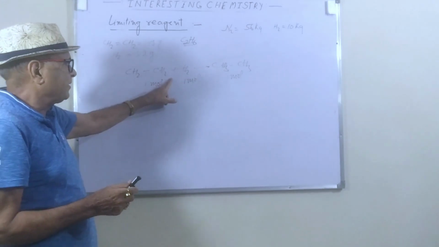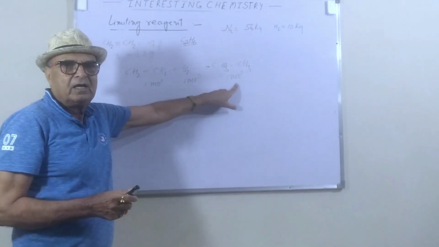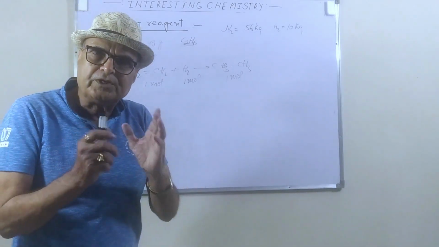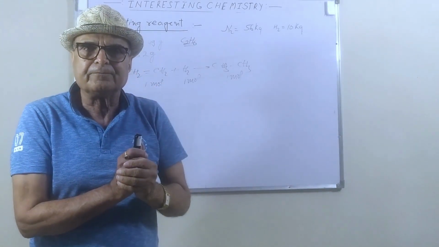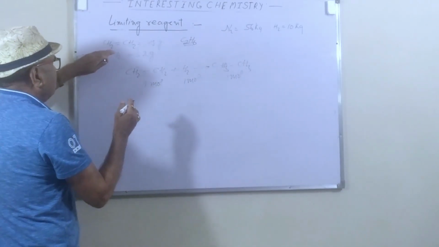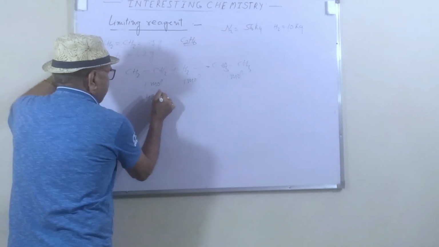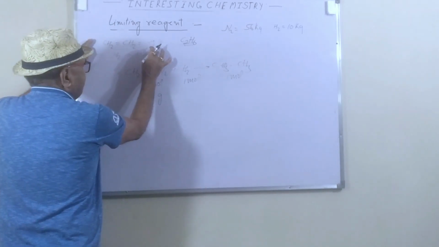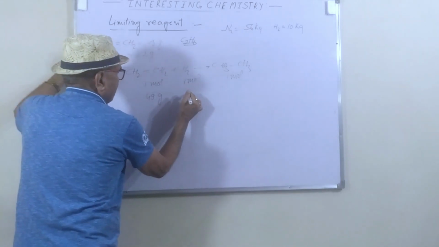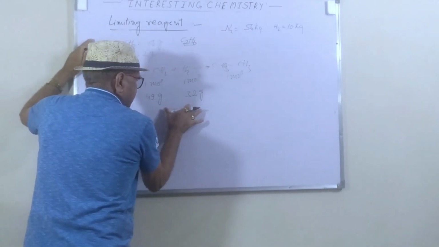This is the balanced chemical equation, and these are the stoichiometric coefficients of this reaction. Now write down the amounts: 49 gram of ethene and 3.2 gram of hydrogen are taken by you in this reaction.